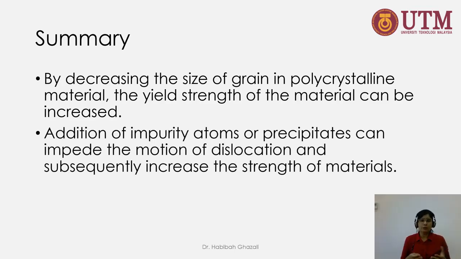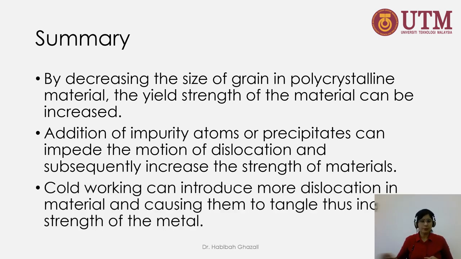The addition of impurity atoms or precipitate can also impede dislocation motion, and subsequently this will increase the strength of the material. Cold working can also introduce dislocation in material and cause them to tangle and interact with each other. And subsequently, with this mechanism, the strength of the material can also be increased.